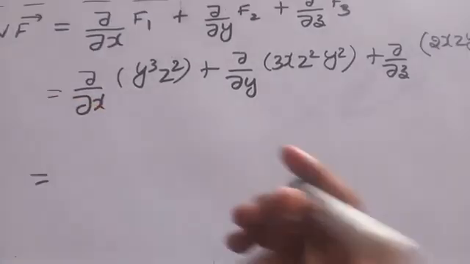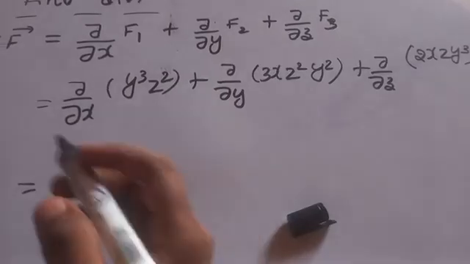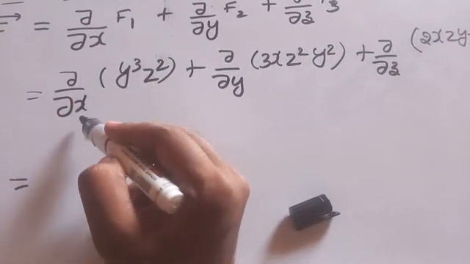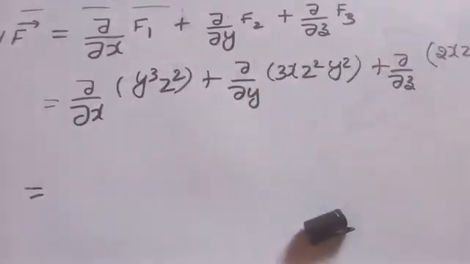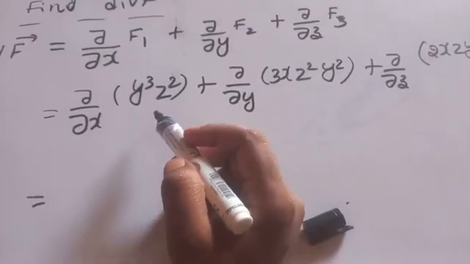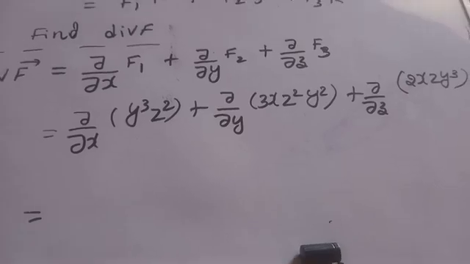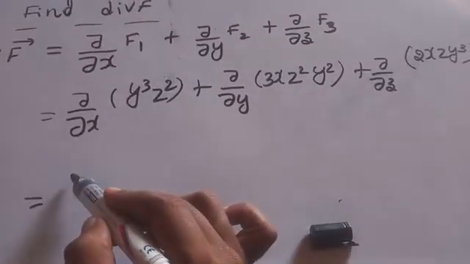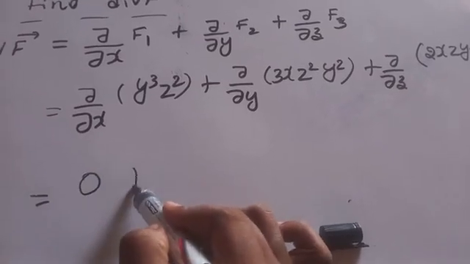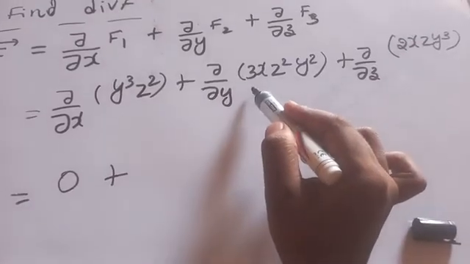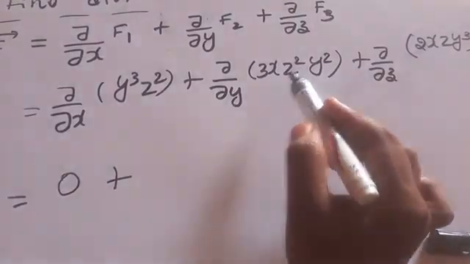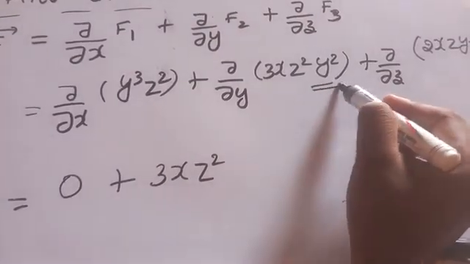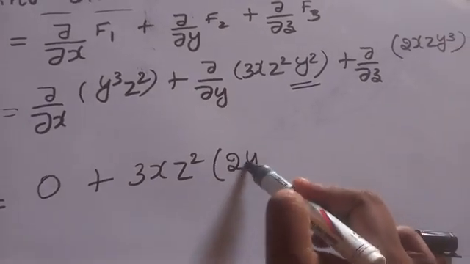Here there are no x terms. When you differentiate the function with respect to x, treat the other variables as constant. With respect to x, y cube and z square are both constant, so that gives 0. Plus, with respect to y, 3x z square is constant and the derivative of y square is 2y.